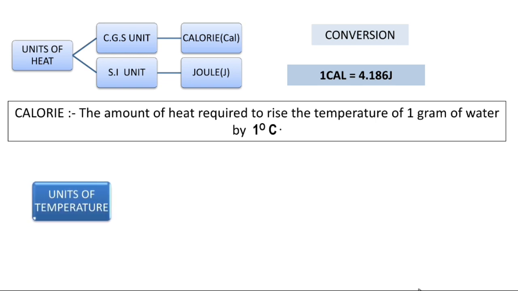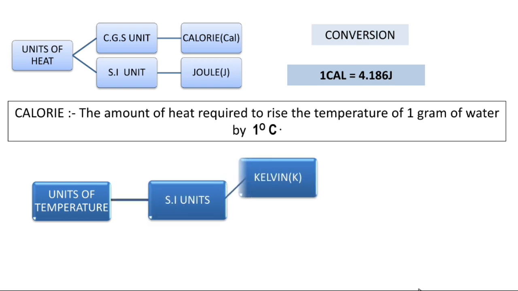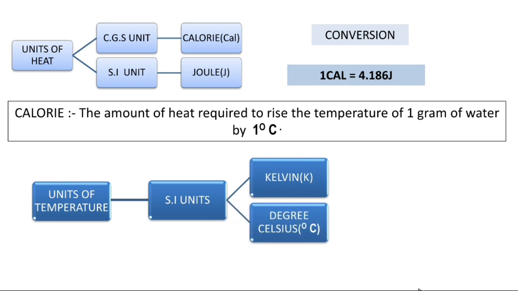Units of temperature: SI unit, Kelvin, denoted by the letter K, and degree Celsius, denoted by degree C. Conversion: 0 degree Celsius is equal to 273 Kelvin. Here I want to ask you a question: how would you convert degree Celsius to Kelvin?